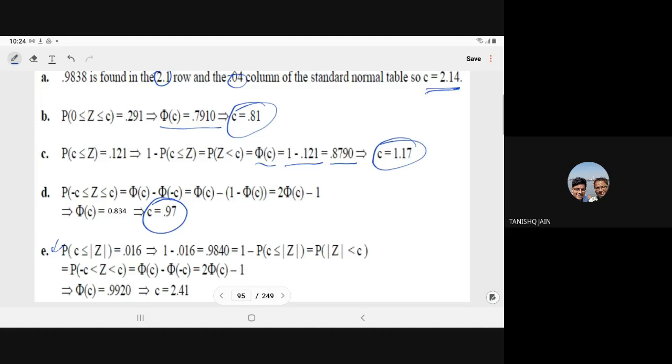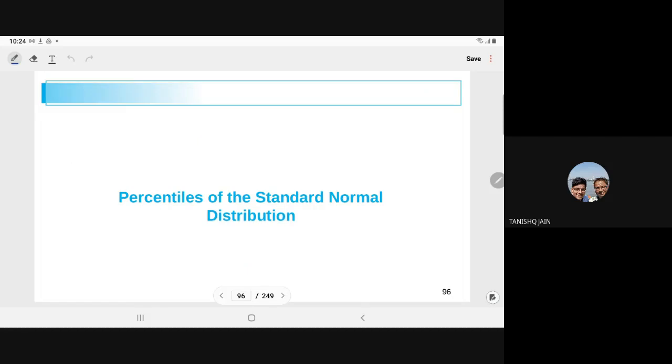So phi of C will be 0.9920, and the table value is 2.41. In this way we solve this type of question.